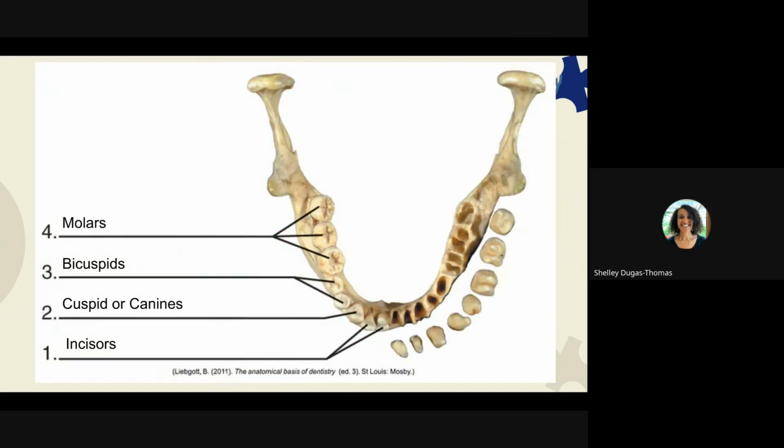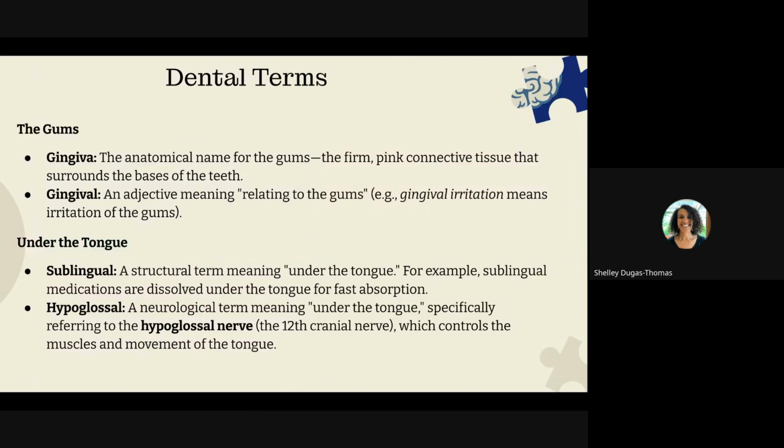Here are the molars, bicuspids, cuspids or canines, and incisors in the mouth. And then we have terms for gingiva, which is the noun for gums. Gingival uses the suffix -al to make it an adjective. Now let's contrast sublingual versus hypoglossal.